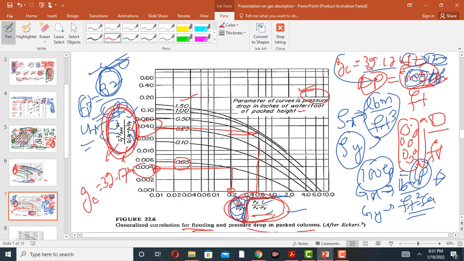Similarly, suppose the pressure drop is 0.1 and the y-axis is 0.01. Then we will obtain the x-axis value also. So we can obtain various pressure drops from this graph.